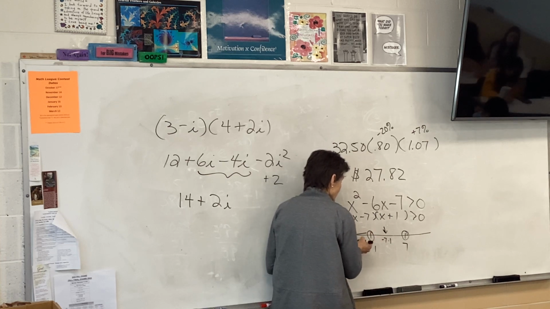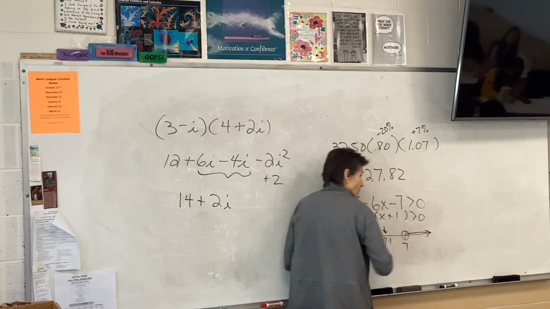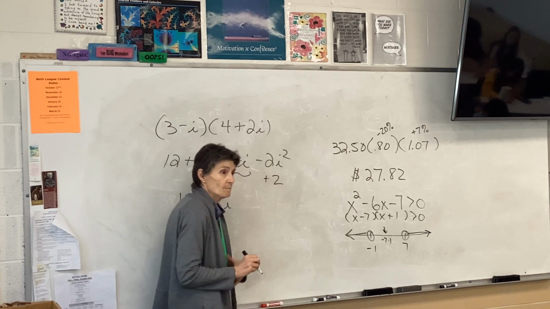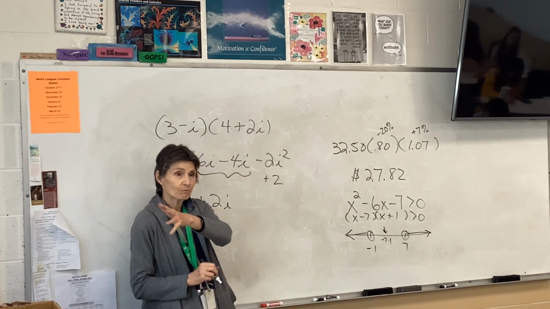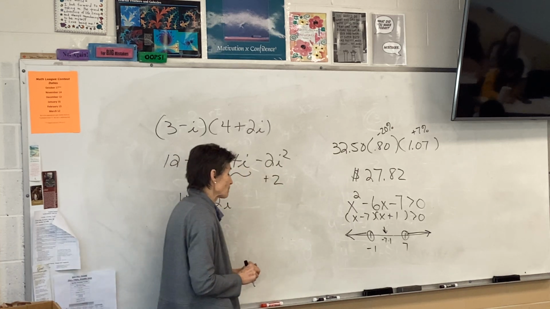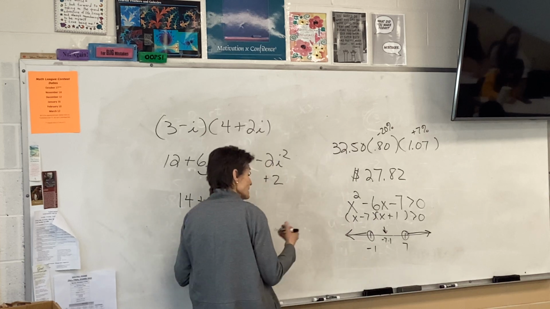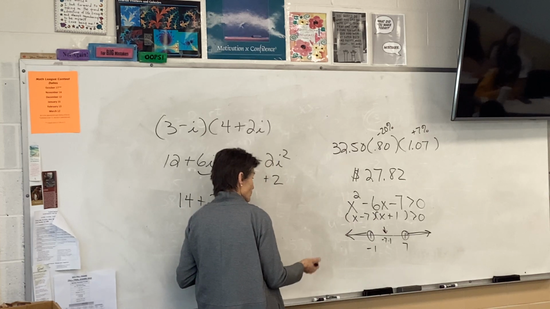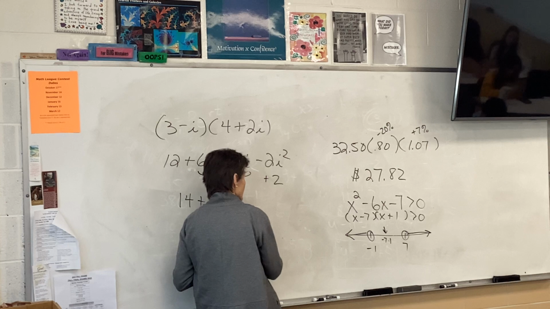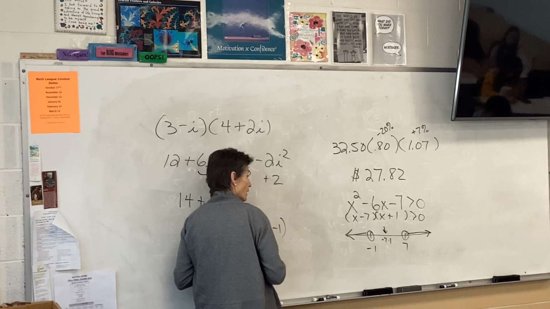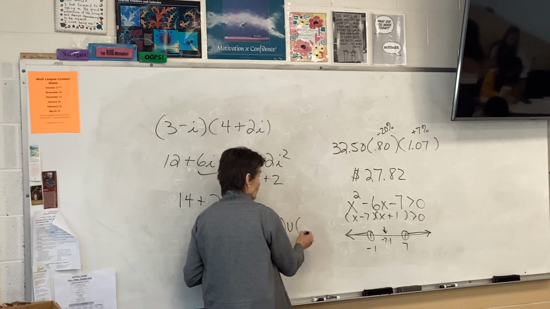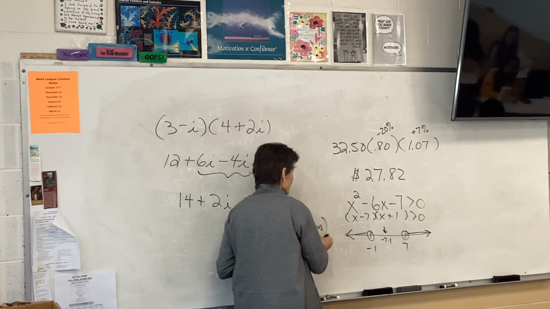I do shade here and I do shade here because my shading goes back and forth. And then I need to write my answer, which is what? 2 parts. -infinity to -1, in union with 7 to infinity.